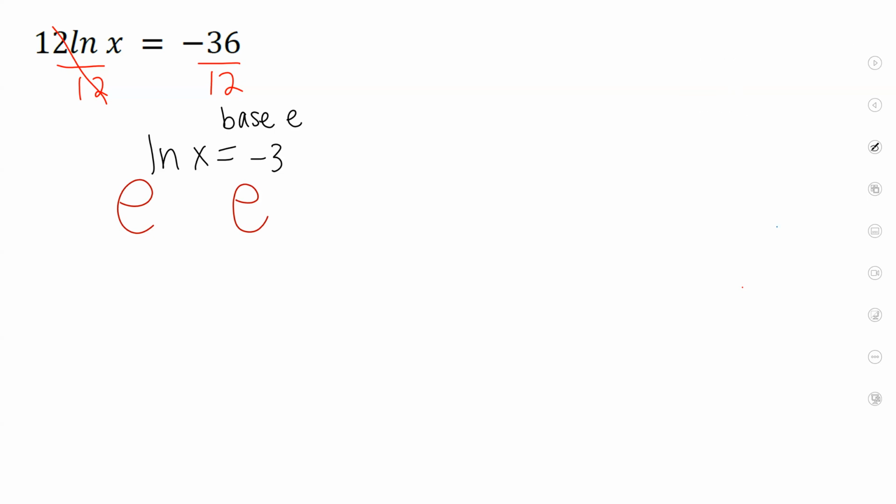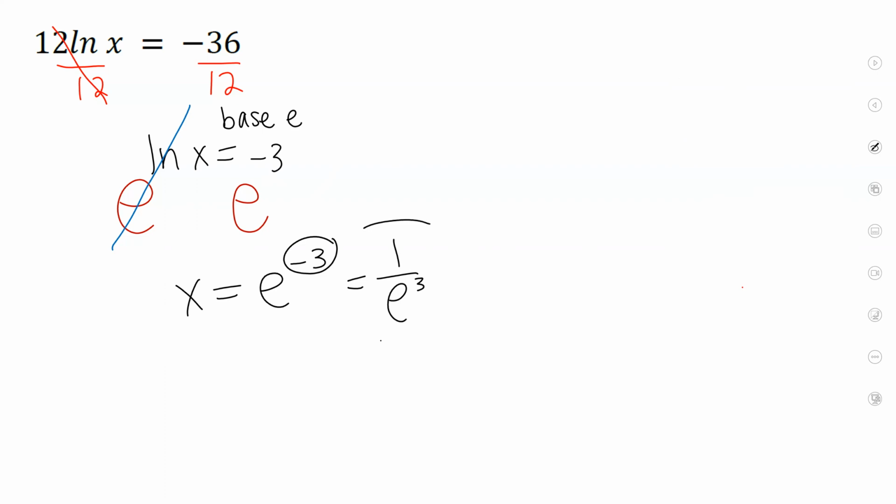Okay. E and ln always cancel out. So my answer is x equals e to the negative 3. You can just keep it like that. Or you can write it like this, 1 over e to the power of 3. Remember, when you have a negative exponent, you just flip it, make it positive.